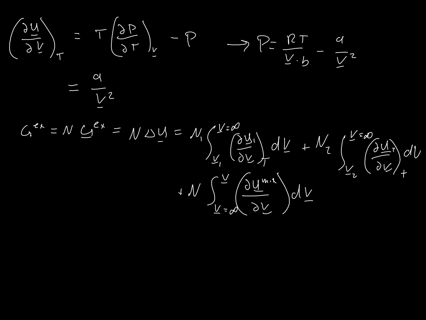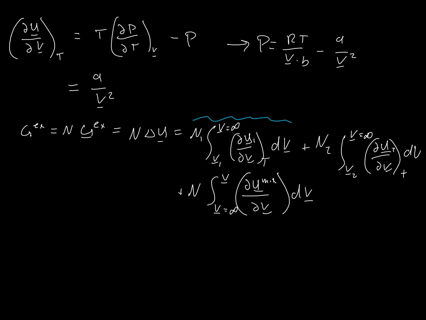Same thing that we've done previously, where we're calculating state changes. We are isothermally just changing the specific volume of our fluid following the van der Waals equation of state. We're adding in those 3 contributions, so I just want to highlight a couple differences. This first term here is dealing with pure component 1 being expanded to an ideal gas state, which I believe is the exact opposite of what we did on the exam.